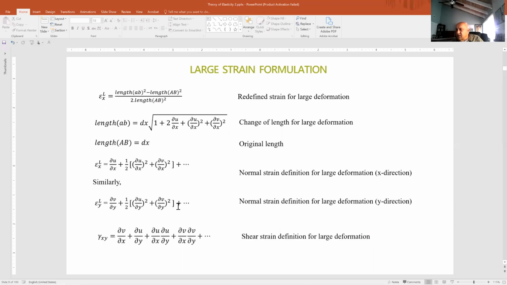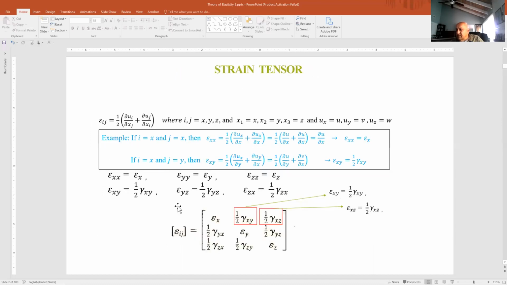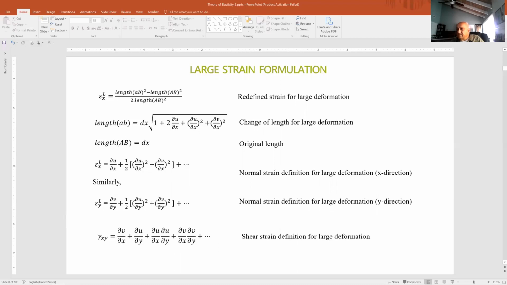Yeah, this is the large strain that I missed here. Let us talk about large strain. Basically, the theory of elasticity that we are discussing in this course is based on small strain and small displacement. Other theories are being developed nowadays, working with large strain and large displacement.